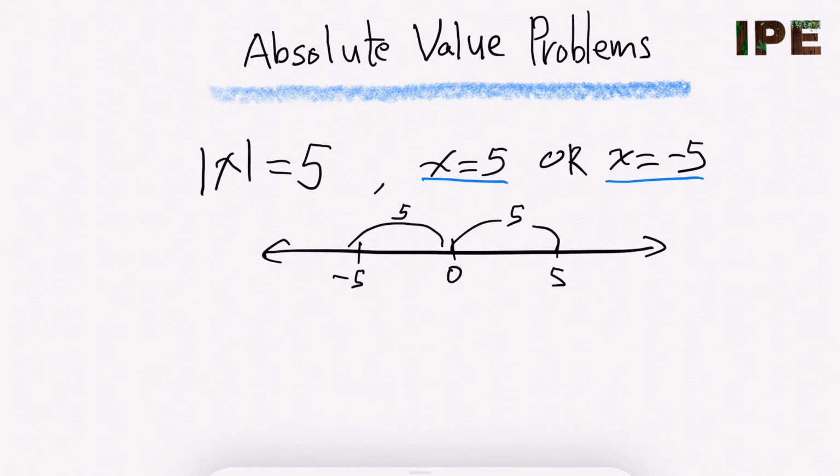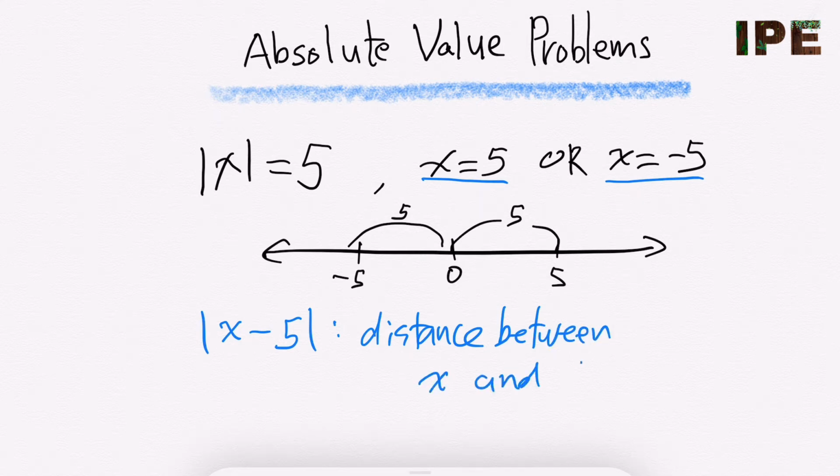Okay? Another definition you have to know is the absolute value of a minus b, which is more important than the absolute value of x. Take the absolute value of x minus 5. What is its definition? That means the distance between x and 5, or between 5 and x. It's the same thing, right? So the absolute value of x minus 5 is the distance between 2 points, x and 5.